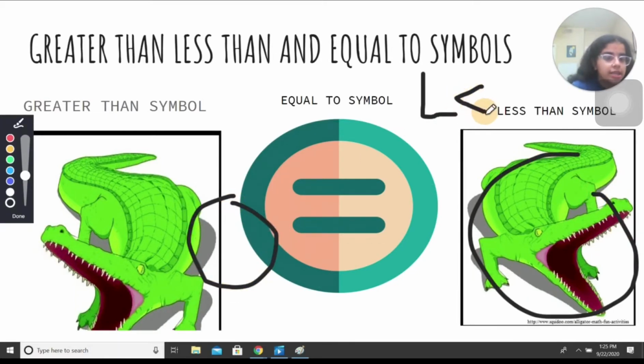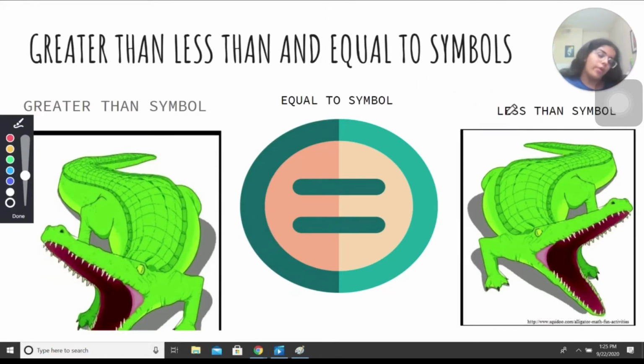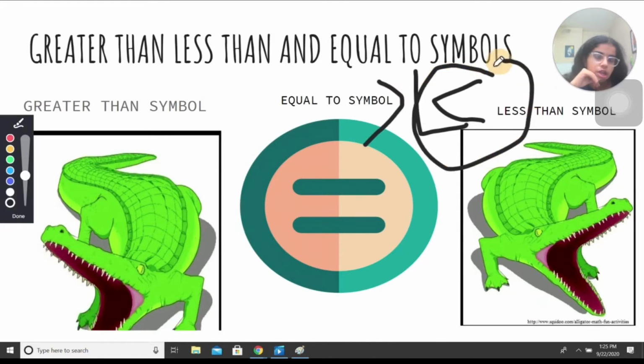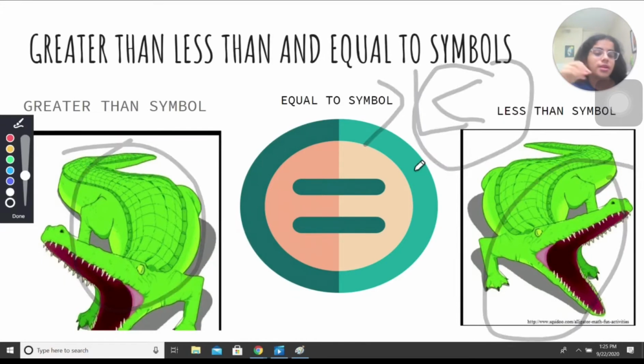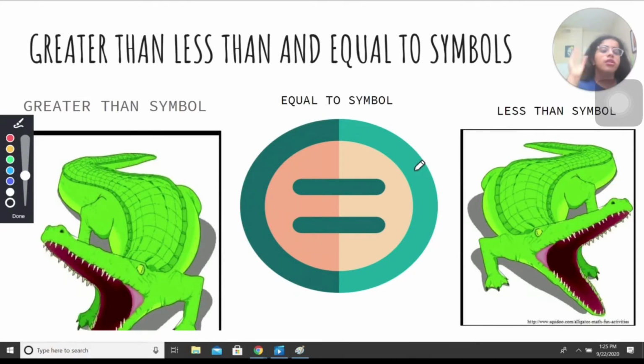An L looks like this, so if I were to move my body, I would see an L. So the L would be a less than symbol, and this would be the greater than symbol. If you're ever wondering which one's the less than and which one's the greater than, think of an L. Make it this way, and it's a less than symbol.